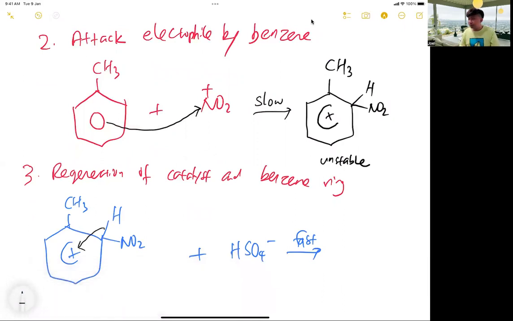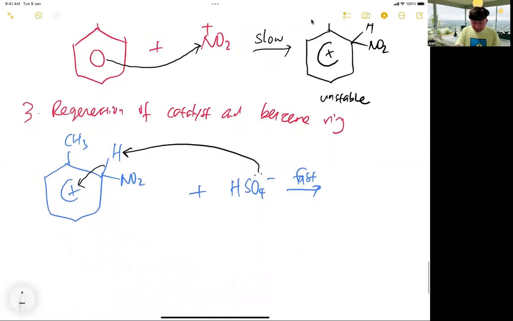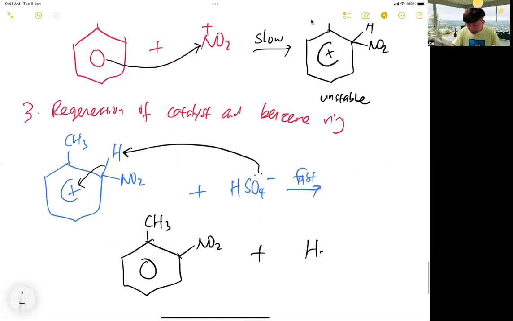Some schools put the double dot and attack the H. Nice. You get the final product, the benzene ring regenerated. Objective 1 finished. The catalyst regenerated, objective 2 finished.